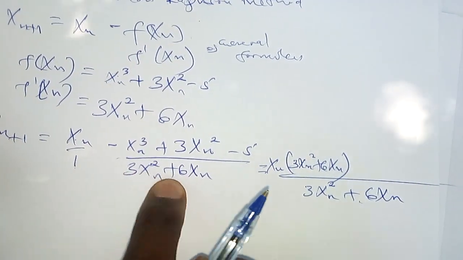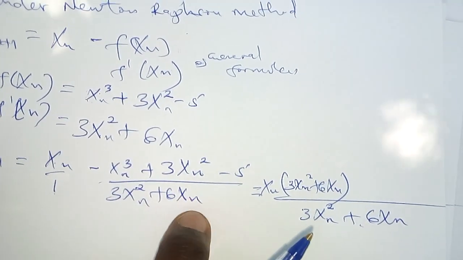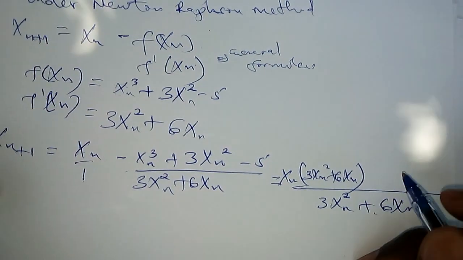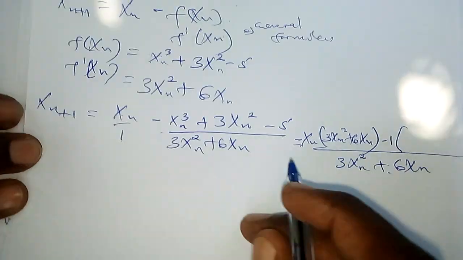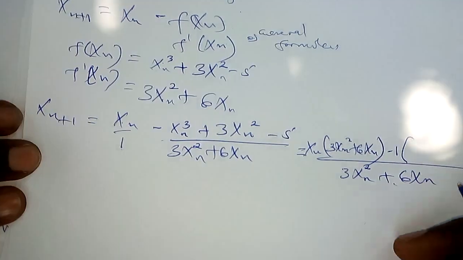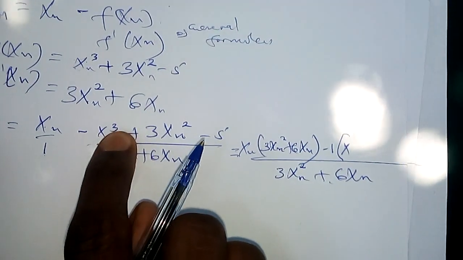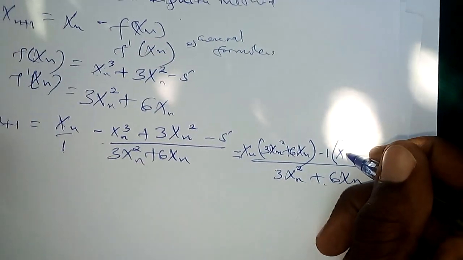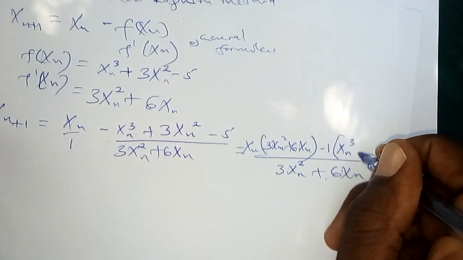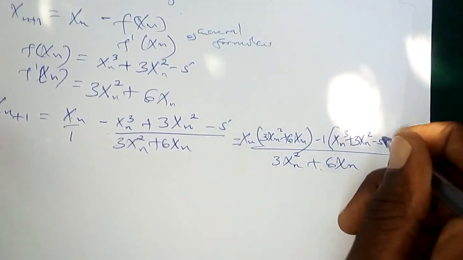What about this one? 3xn squared plus 6xn goes here once, negative 1, following this sign. Then multiply by the numerator, it will be xn cubic plus 3xn squared minus 5.